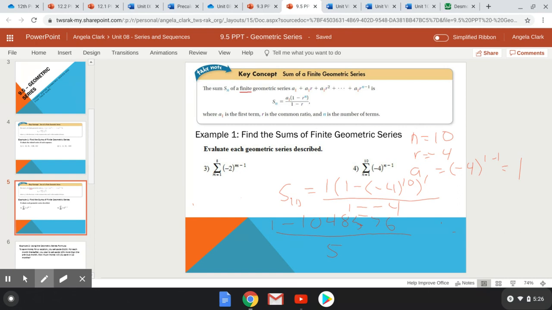And then I'm just going to divide what I get by 5. And so this equals negative 209,715. That's a big number. But actually, it's a really small number because it's negative. But anyway, that is how we find the sums of finite geometric series using sigma notation. And I will see you in the next video.